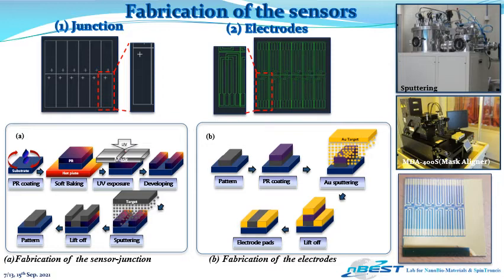For the electrodes, we follow the same process, but using another target of gold. And finally, we get the sensor as displayed in the photo.